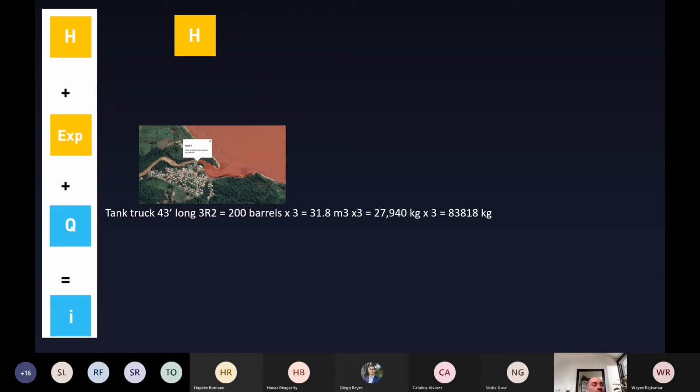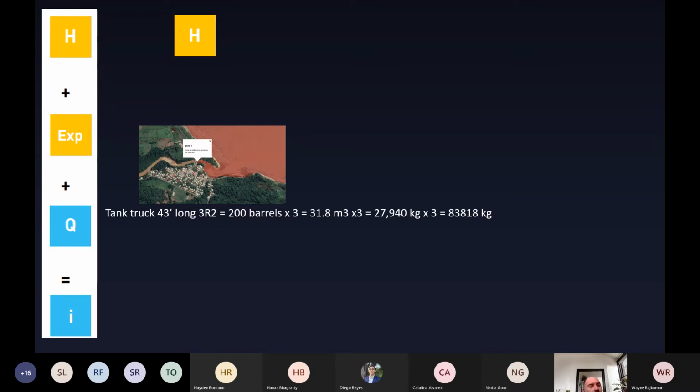And then I'll look at the quantity that is being spilled into the sea. There's a tip in the story problem that says the truck was 43 feet long, 3R2.